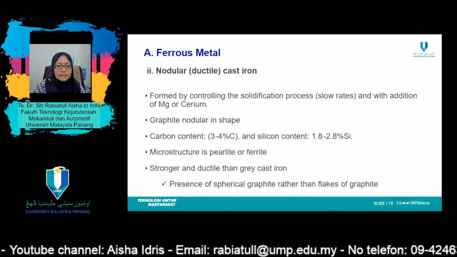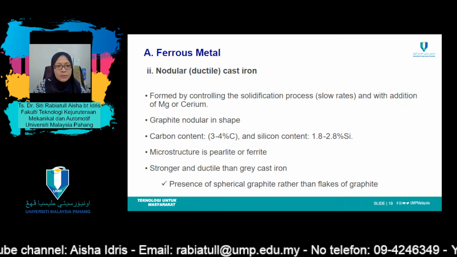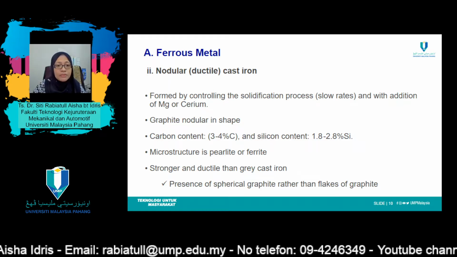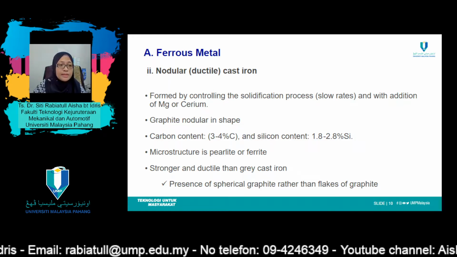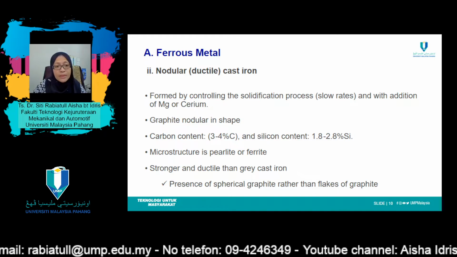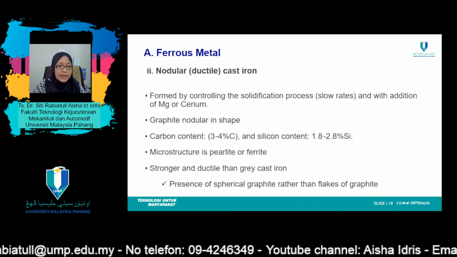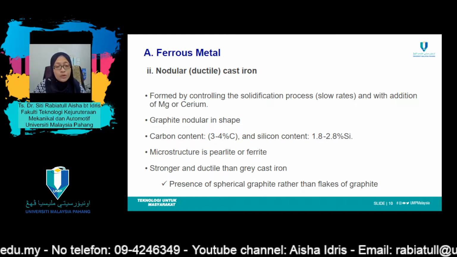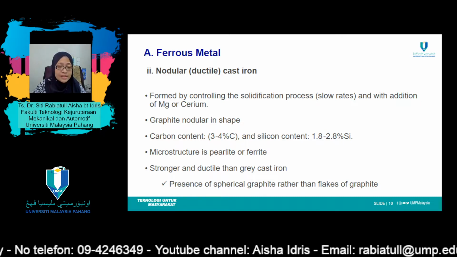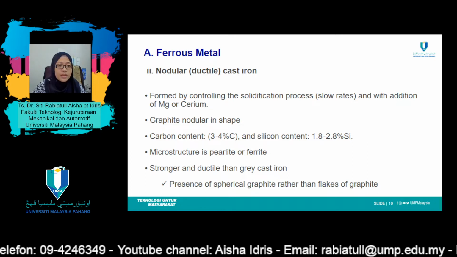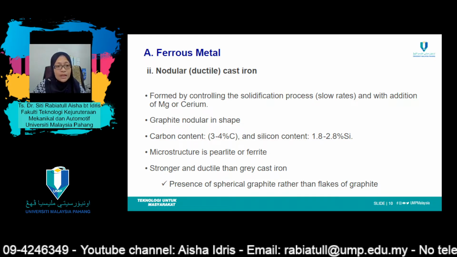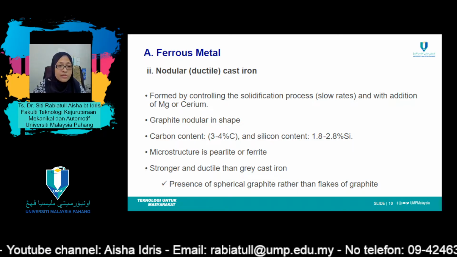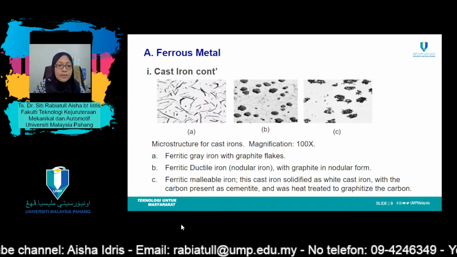Meanwhile, for nodular or ductile cast iron, adding a small amount of magnesium or cerium to the grey iron before casting produces a distinctly different microstructure and set of mechanical properties. Graphite still forms, but as nodular or sphere-like particles instead of flakes. The resulting alloy is called ductile or nodular iron, and a typical microstructure is shown in figure B over here.